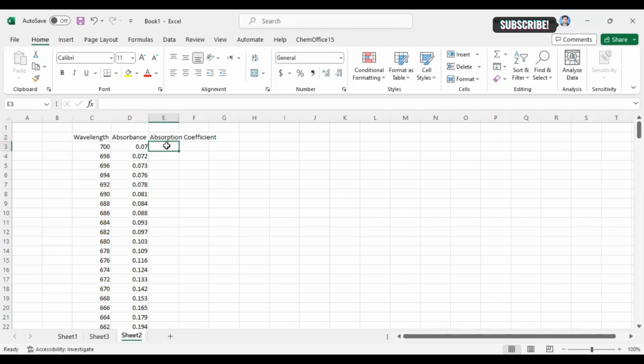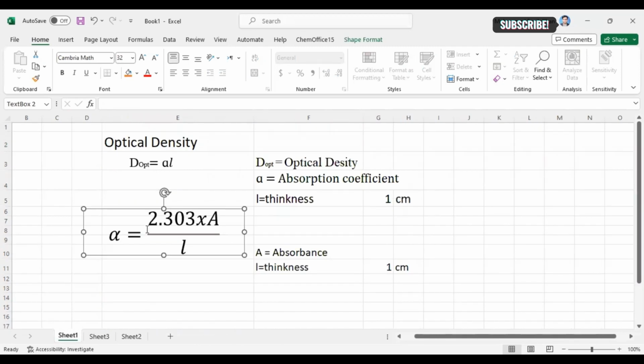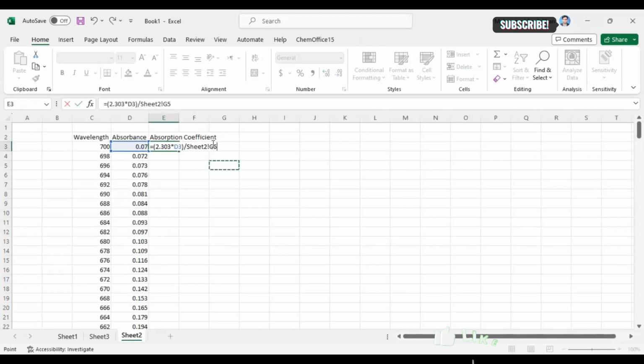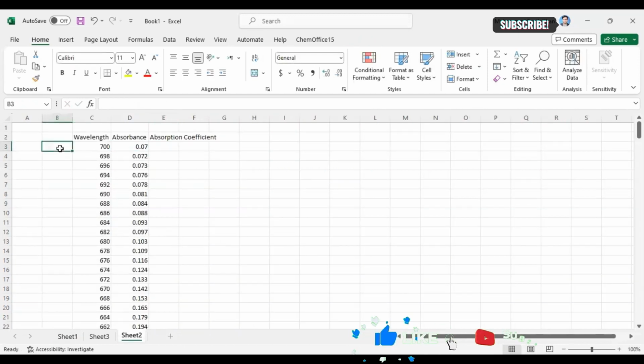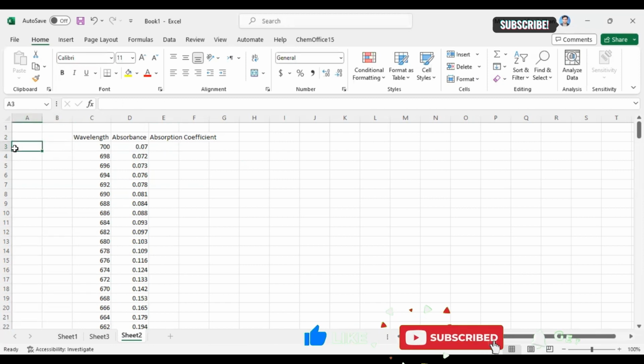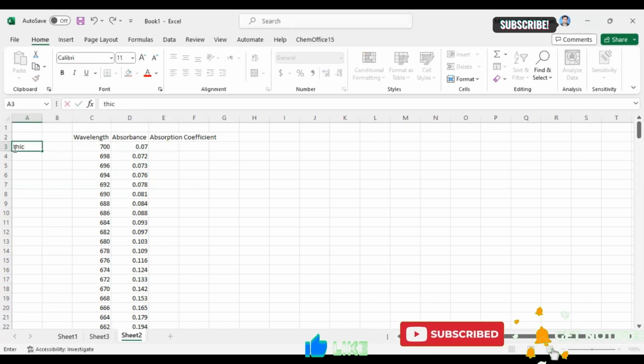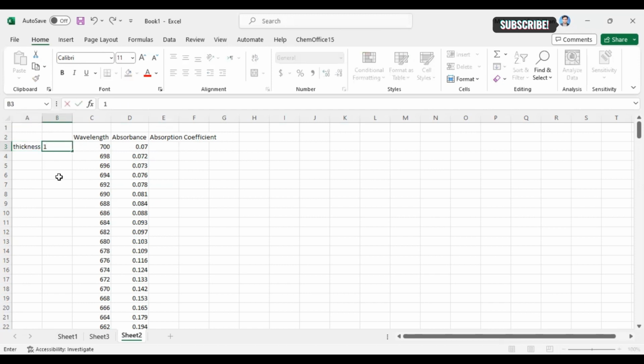Okay, the absorption coefficient formula is 2.303 multiplied by absorbance divided by thickness. So let's write thickness over here. Thickness is 1 centimeter.